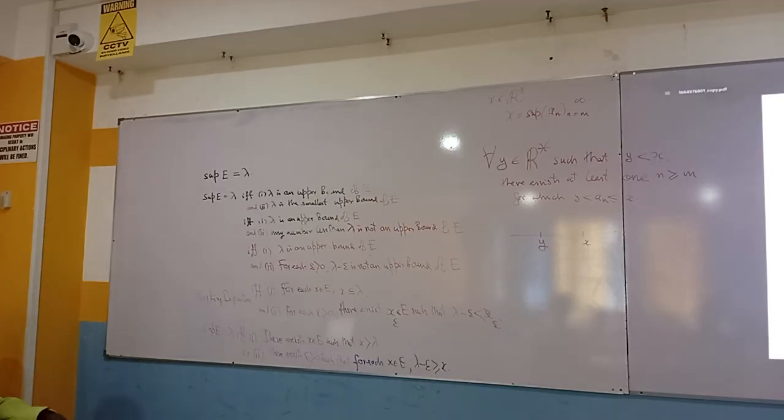Of course, if y is minus infinity, there is nothing to be proved. Now assume y is a real number. Then assume this statement is false. Then try to get a contradiction. Suppose y is a real number and try to get a contradiction.